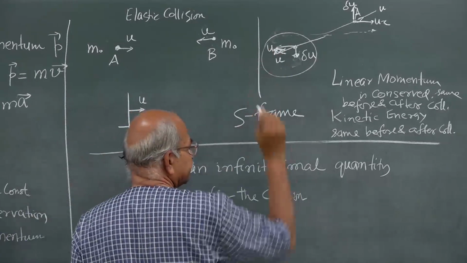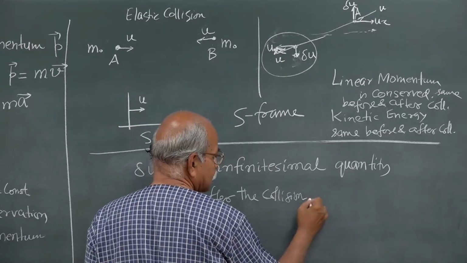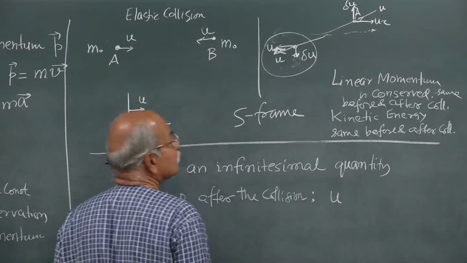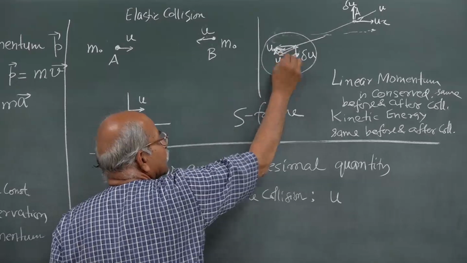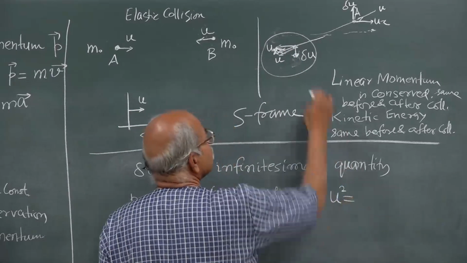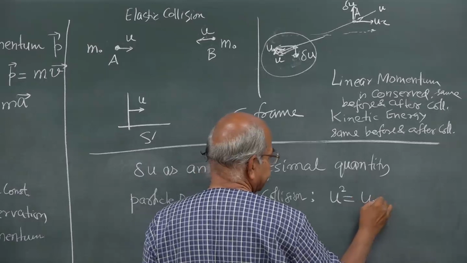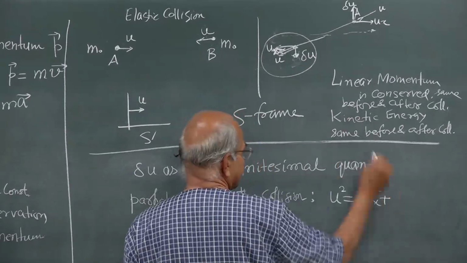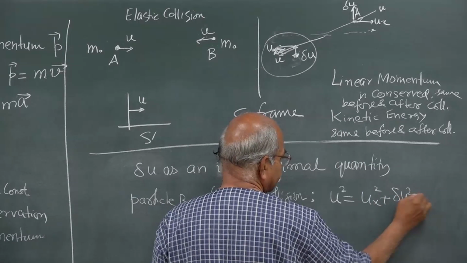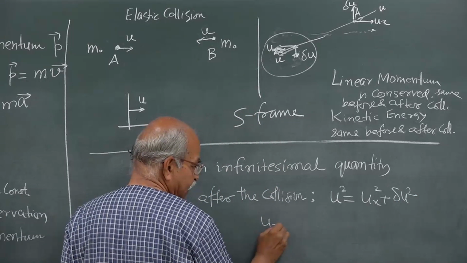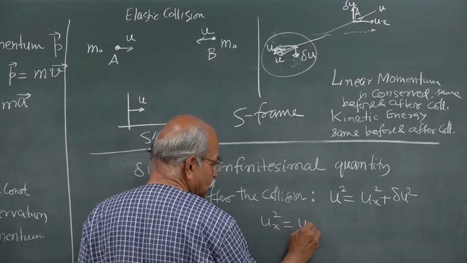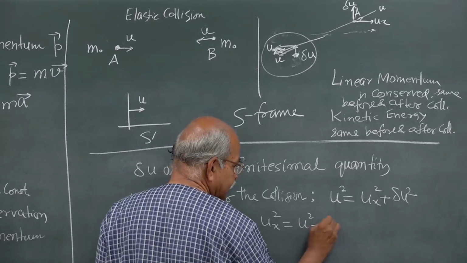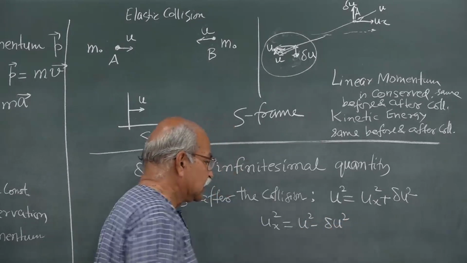What is the speed? The speed is u. So this u, the speed, squared is equal to ux squared plus delta u squared. So ux squared is equal to u squared minus delta u squared.